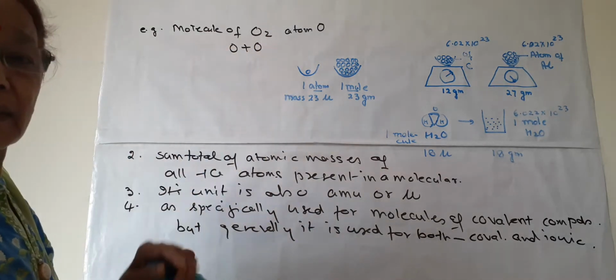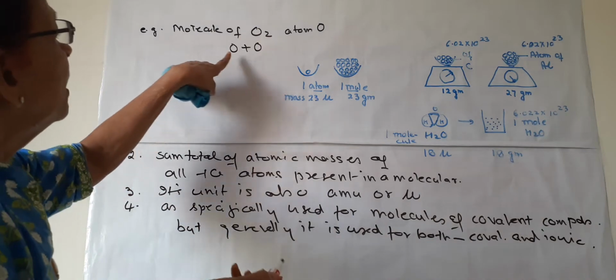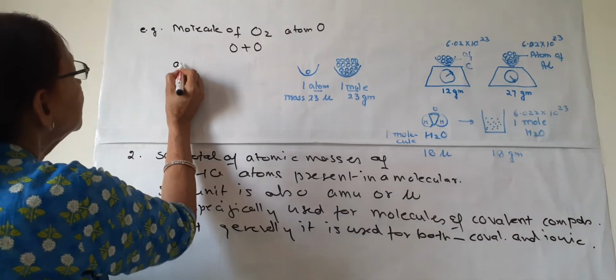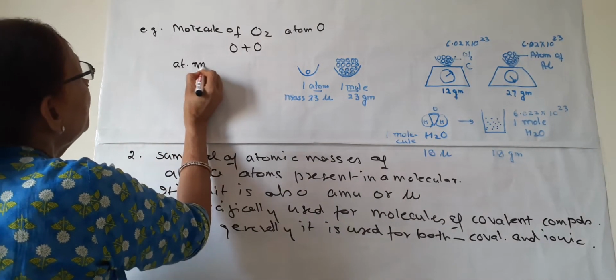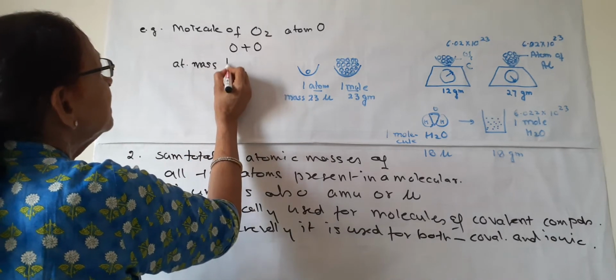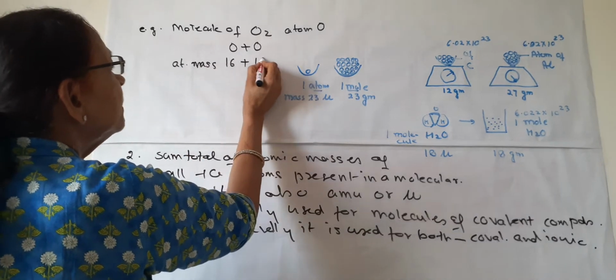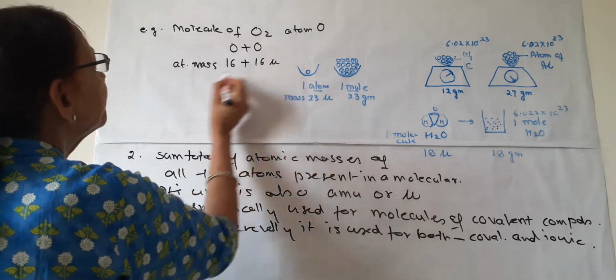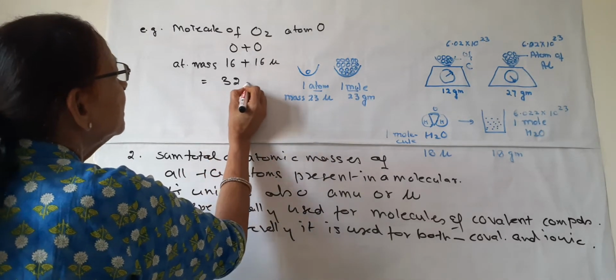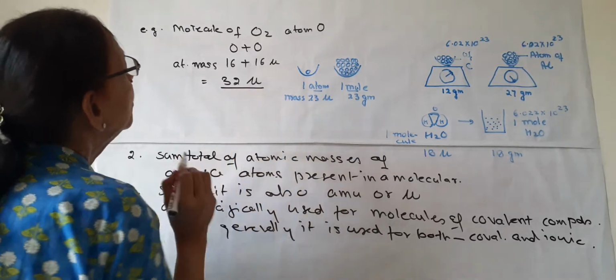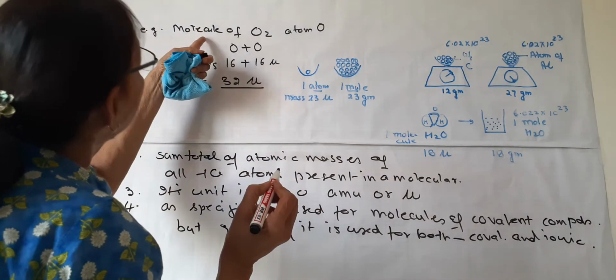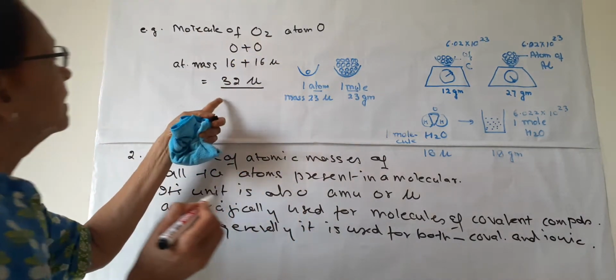Oxygen gas is a diatomic molecule, and the atomic mass of one oxygen is 16. The other atom is also 16 u. So the total will be 32 u. It is the molecular mass of oxygen gas.